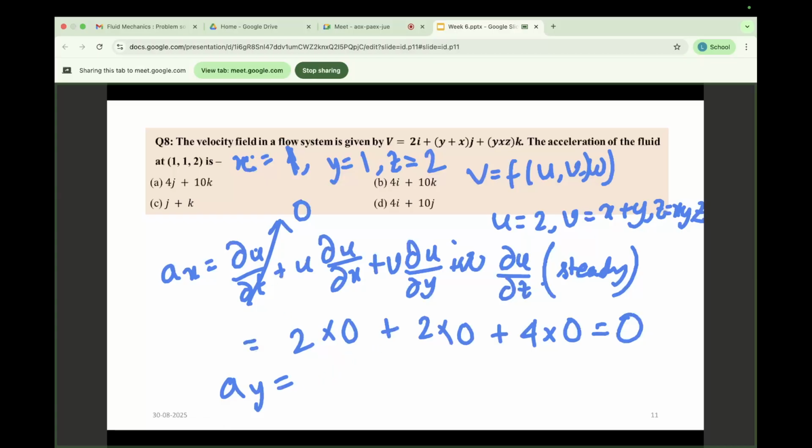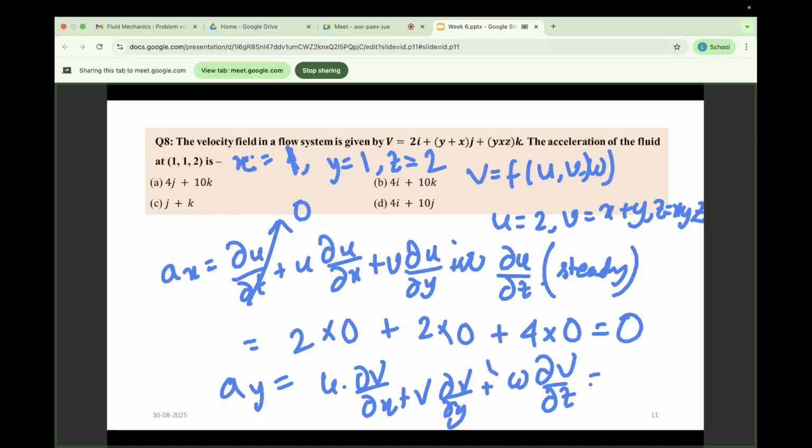So similarly this vector v will be 0, so I can write in place of u dv dx plus v dv dy plus w dv dz. Similarly for the z direction you can find out. Here u is 2, dv dx is 1.